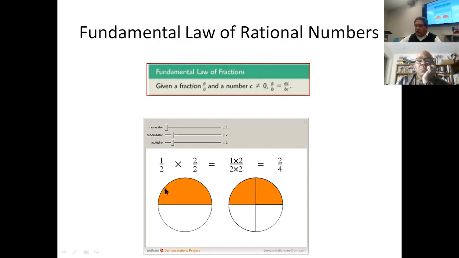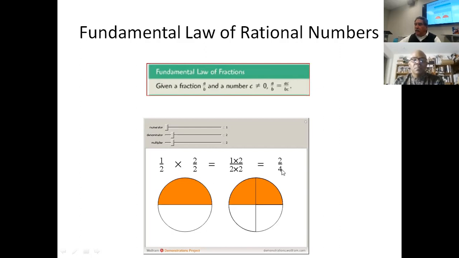Now, what I mean is this here. Look at this circle. This is half of it, yes? I can write it as 1 over 2, yes? If I multiply both top, the numerator and the denominator, by the same number, it makes no difference.